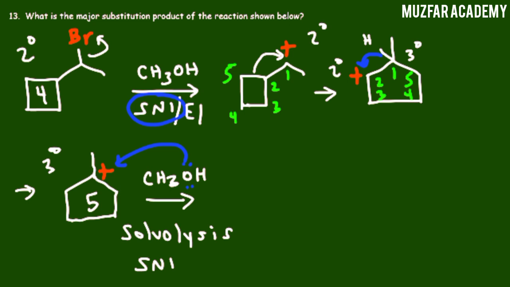But for the most part, if you see solvolysis, 80 to 90% of the time it's an SN1 reaction. But that's when the solvent behaves as a nucleophile in the substitution reaction. So now we have an oxygen with a hydrogen and a methyl group.